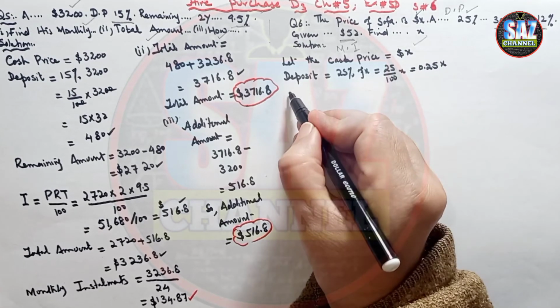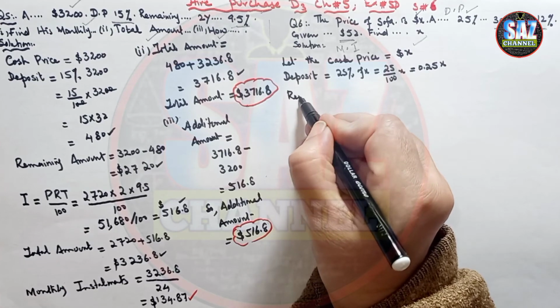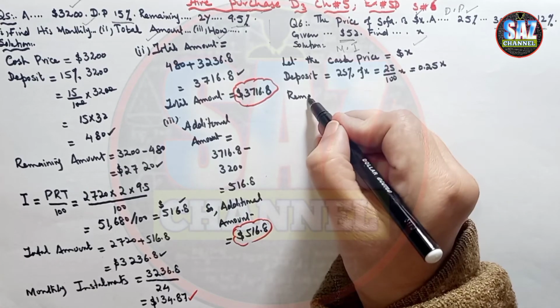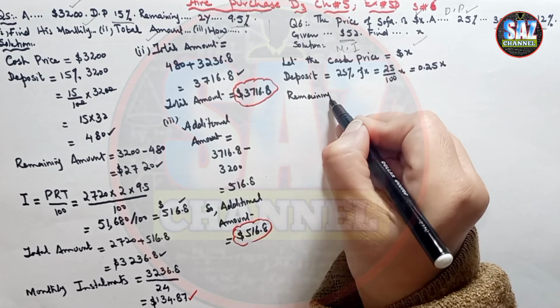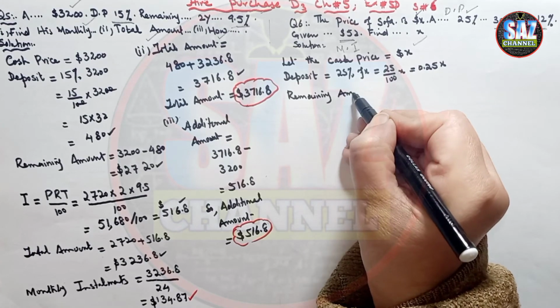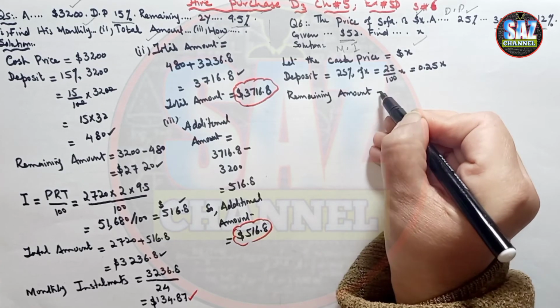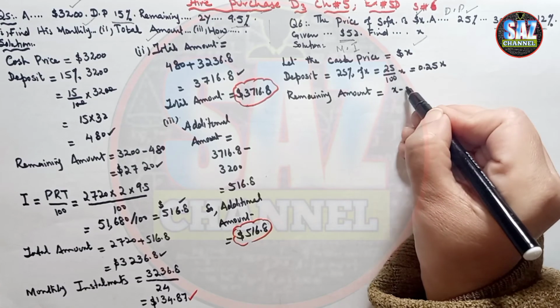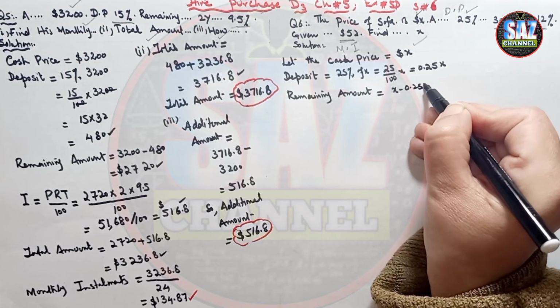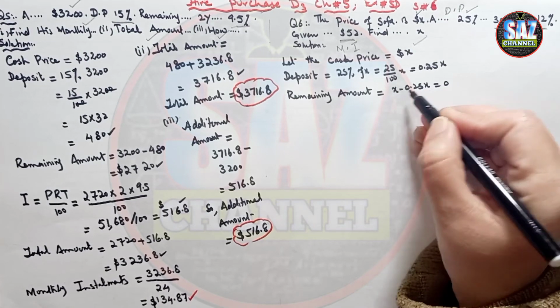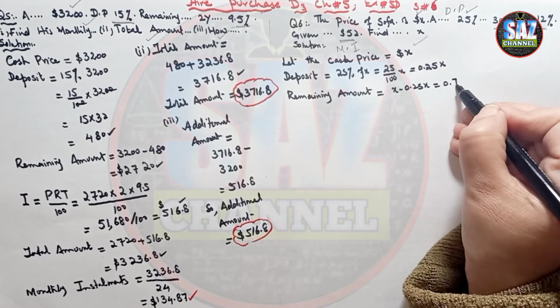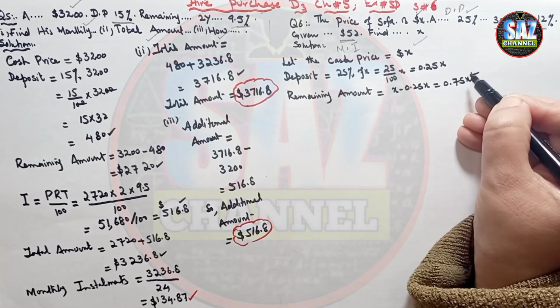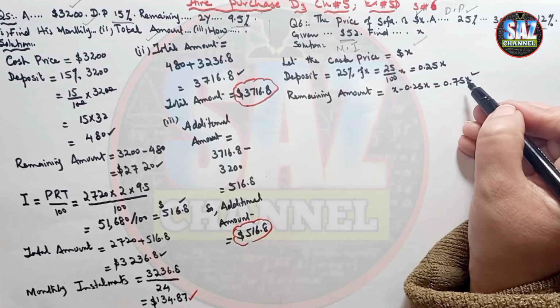Now the remaining amount equals x minus 0.25x, which equals 1 minus 0.25, that is 0.75x. This is the amount that he has to pay.